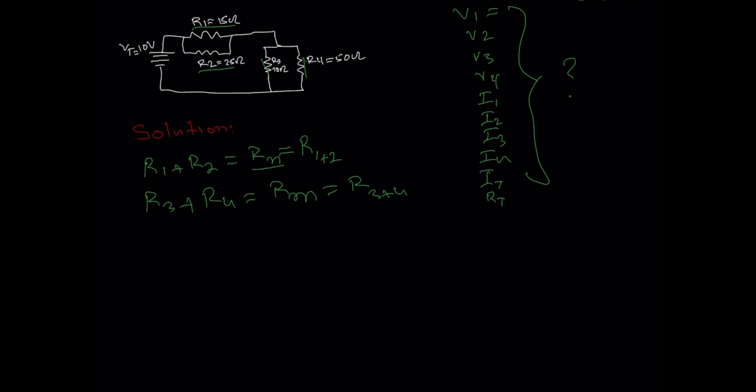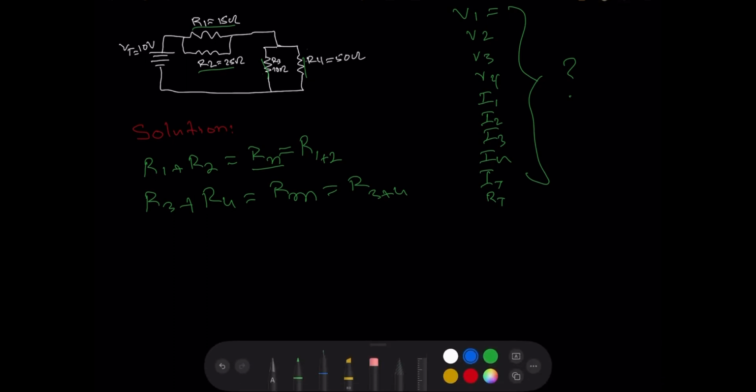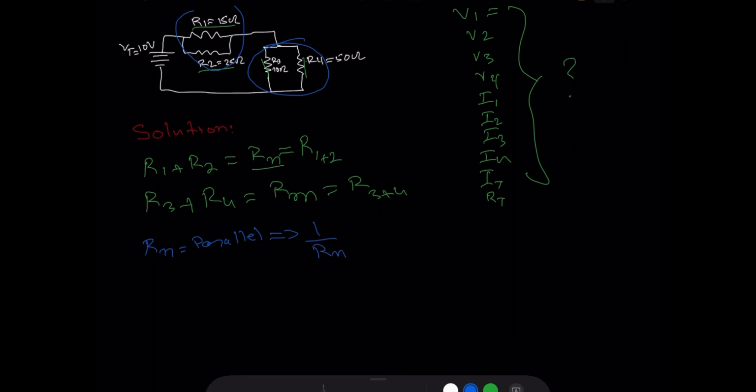We have to solve these two circuits first. We have to simplify them first to make a series circuit out of it. So for Rn, which is the parallel setting right here, let's use the general formula: 1 over Rn is equal to 1 over R1 plus 1 over R2.